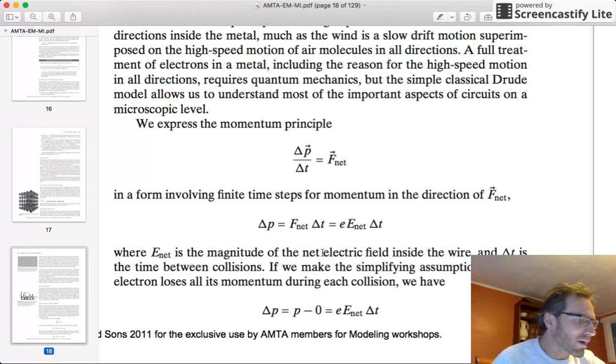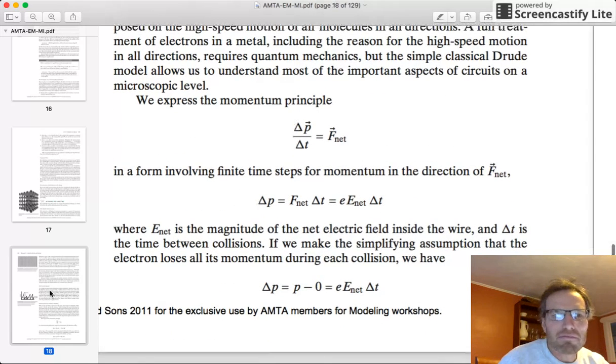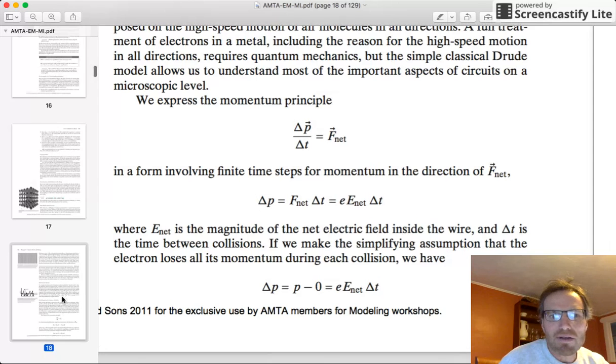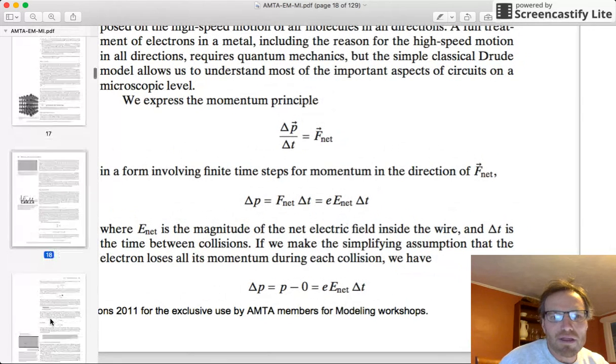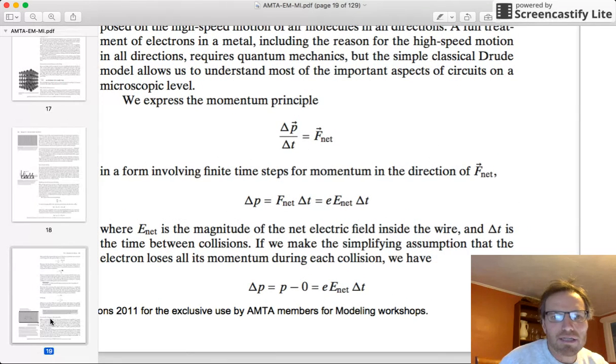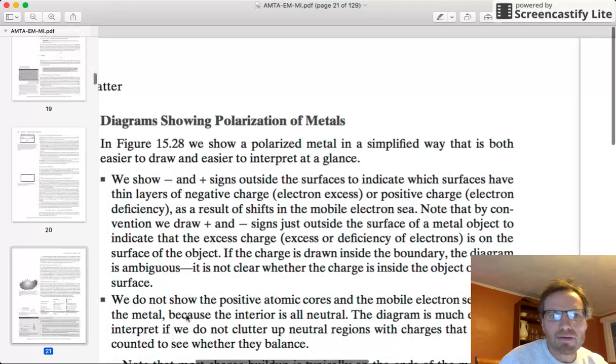And then also, I wanted to just discuss, on page 601, okay, here we go.